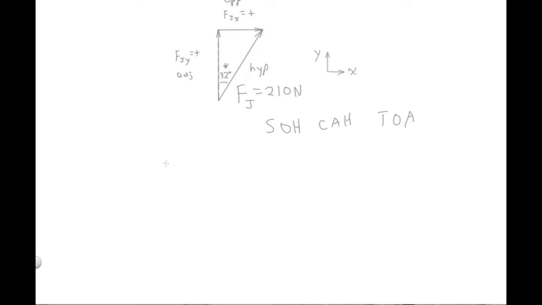So we'll have that the sine of our 32-degree angle equals opposite over hypotenuse. And the cosine of our 32-degree angle equals adjacent over hypotenuse.